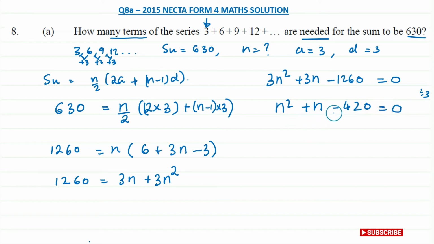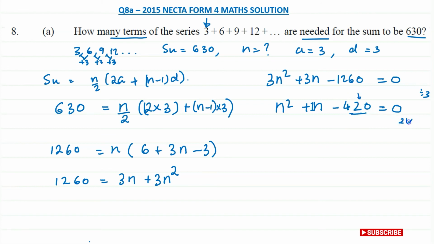Okay, so now I'm looking to factorize this because I've got a number here 1, and I can think of two numbers that multiply to make 420 and add or subtract to get a number 1. So I can easily see 20 times 20 is 400. So this is 21 times 20, this number here.